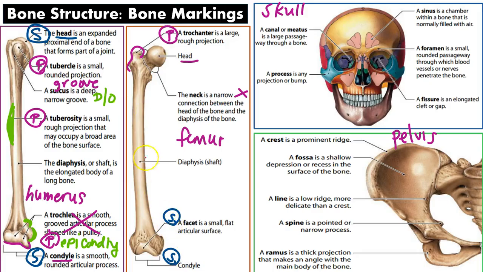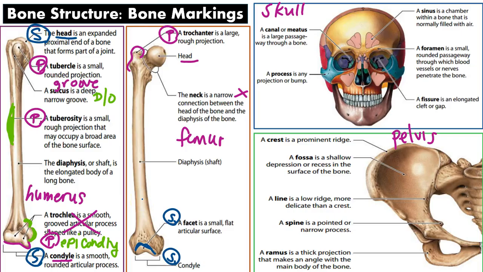Let's talk about what a facet is, though. A facet is going to be a small, flat, articular surface, what we have written down here. And just to make sure we understand, because we're talking about something that is a surface, it's all about helping form joints. So it's going to be a flat, articular surface, okay? And that's what you see here as far as the facet. And sometimes when you see a bone, you see like this nice little shiny piece there.